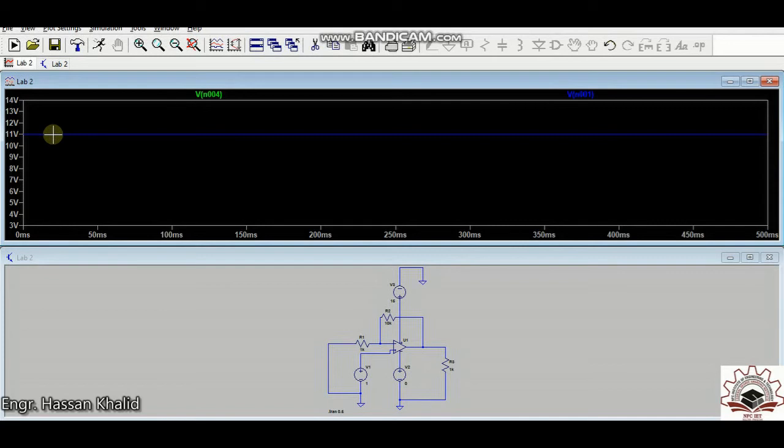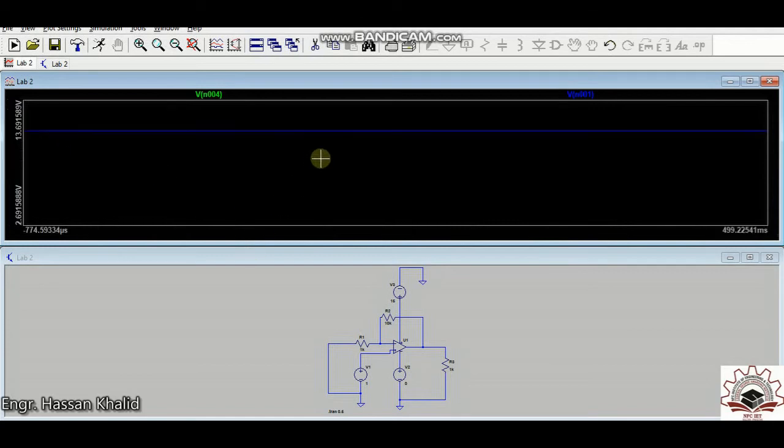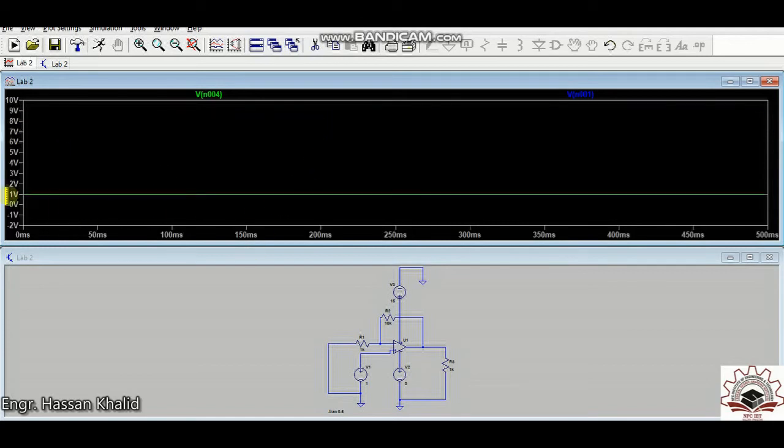That means our theoretical result is fine, and this one is the input voltage at the node VN004, it's 1 volt. So I think our amplification is now in a good position.